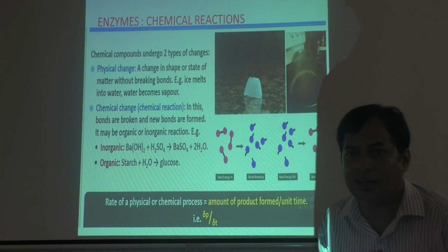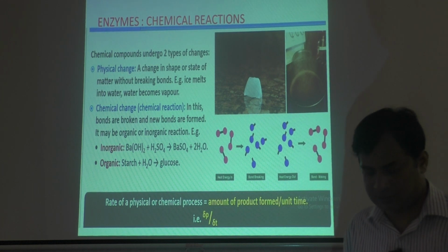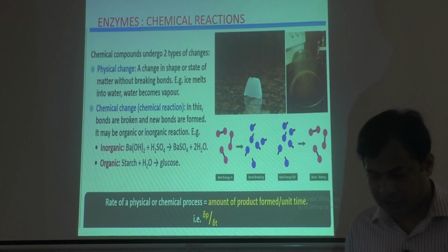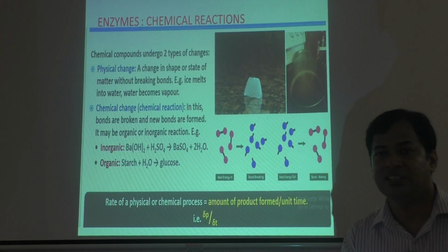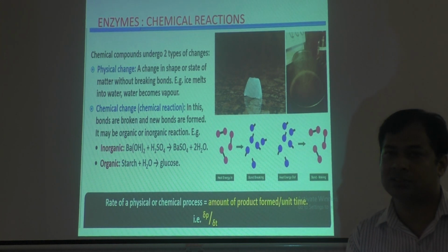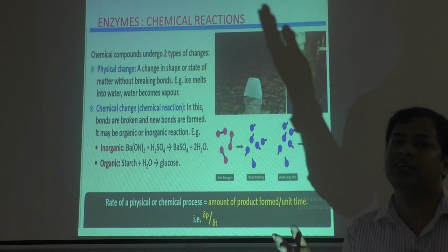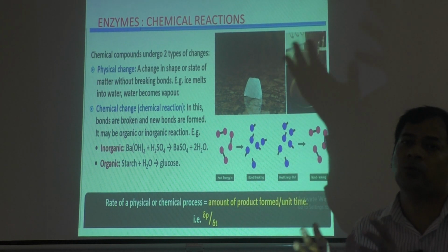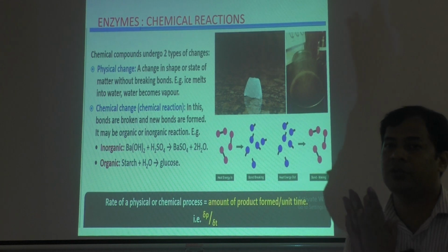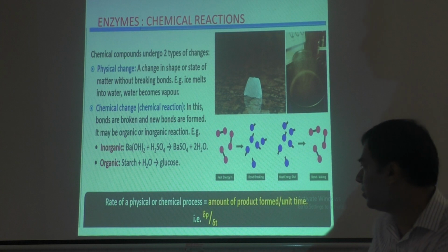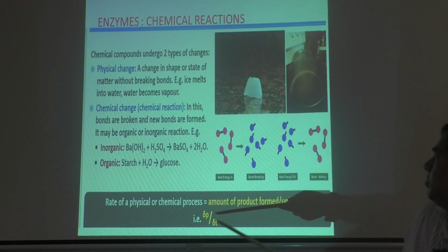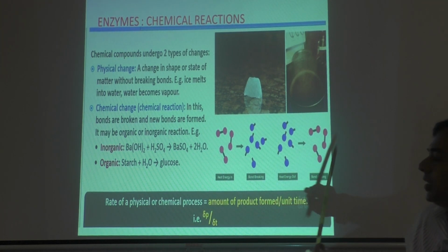We call it dara in Kannada, that is the rate of a physical and chemical reaction or process. It means at what speed the reaction is happening and in what quantity products are produced. That is equal to the amount of product formed per unit time.